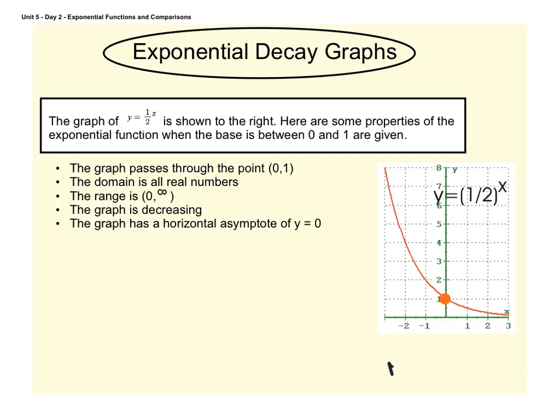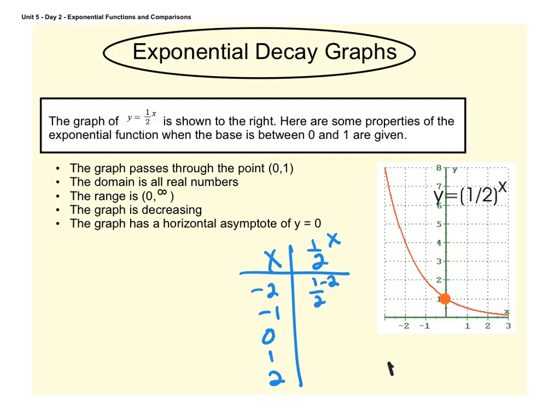For exponential decay, let's do another table from negative 2 to positive 2. 1/2 to the negative 2: remember, 2 squared is 4. That negative is going to flip the 1/2.